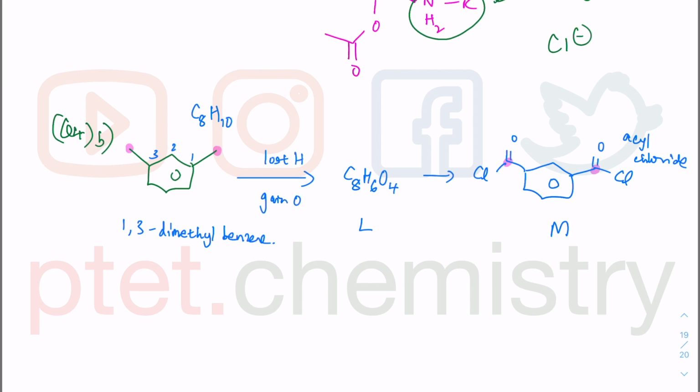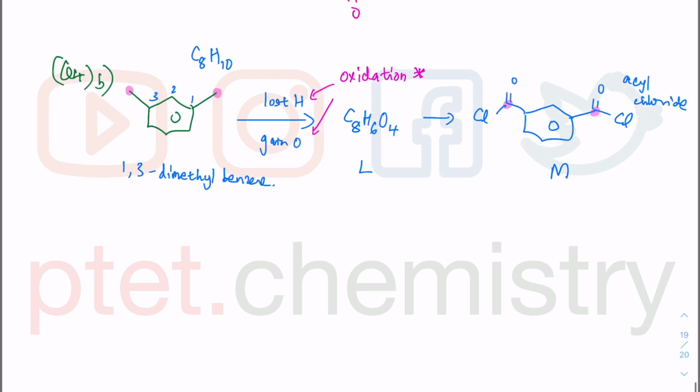So we can be thinking about that in the context of organic chemistry. That is definitely oxidation. Oxidation of an alkyl side chain of benzene: however long your alkyl side chain is, oxidation of the alkyl side chain is going to give the benzoic acid, but not just benzoic acid, it's going to be 1,3-benzenedioic acid.